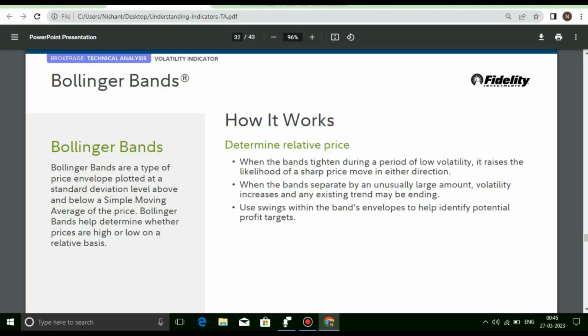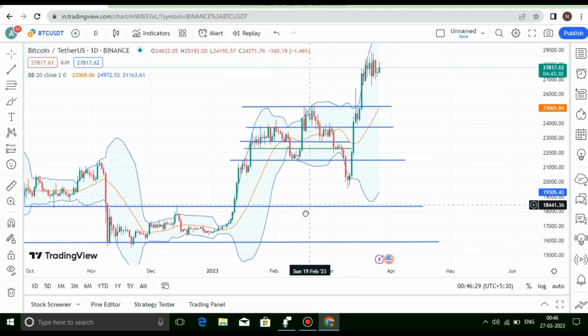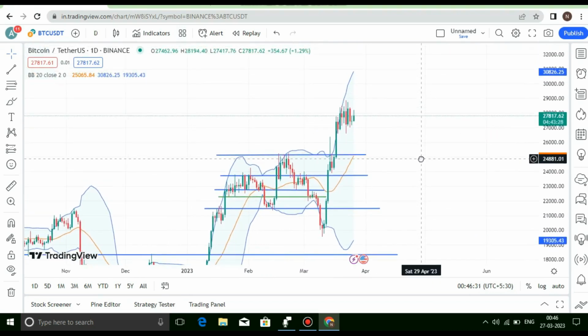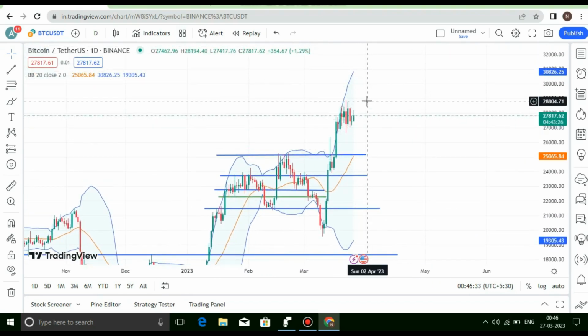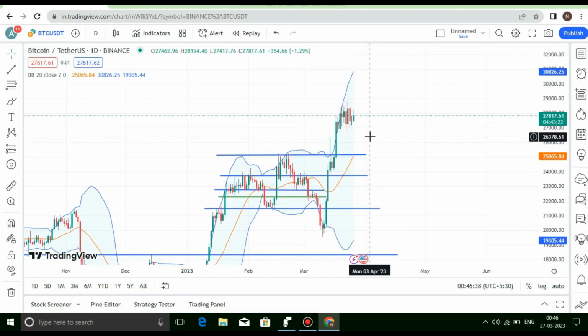But we should be checking some more. When the bands separate by an unusually large amount, volatility increases and an existing trend may be ending. The next point is one of the most important points while learning about Bollinger Bands. Look, right now in Bitcoin, oh my god, the two bands of the Bollinger Bands are separated by a large distance.